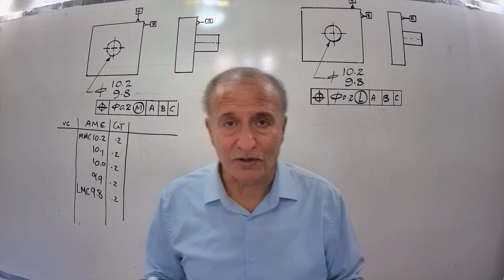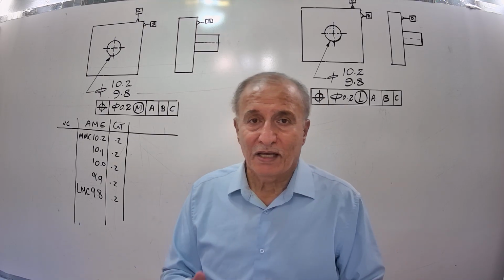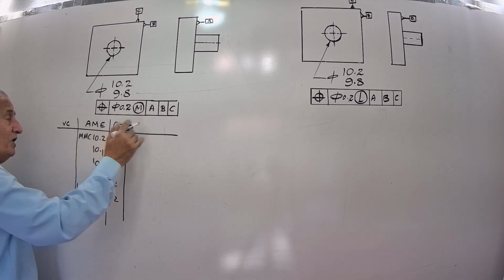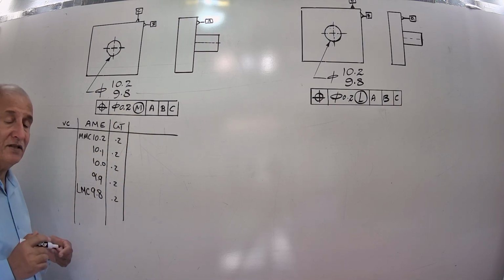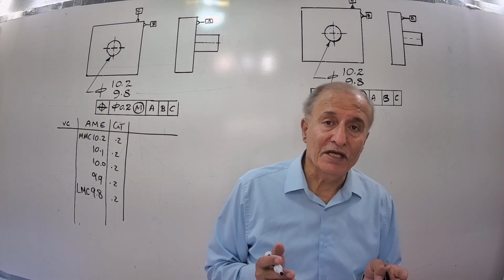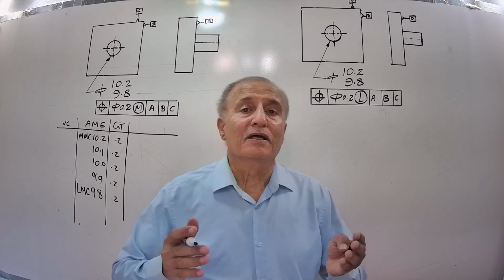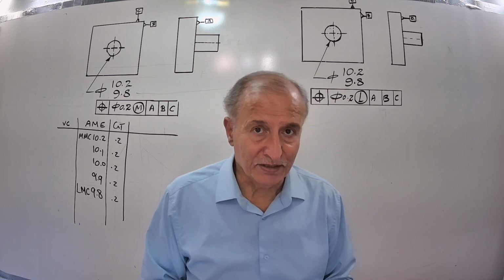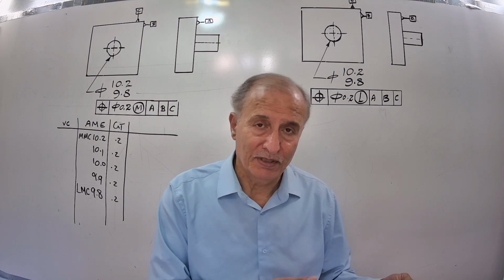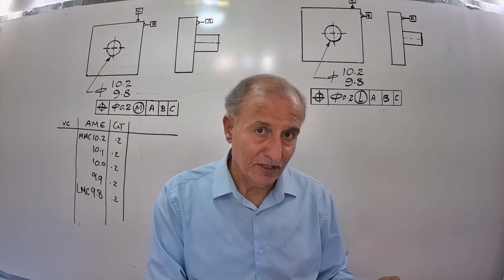Okay, then after 10.2, which is MMC, the second message is that the goal of this design is assembly. This shaft will be assembled with another hub as a mating part.